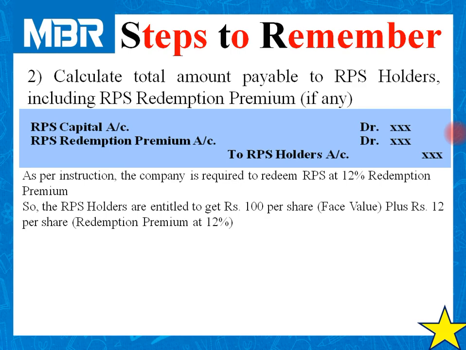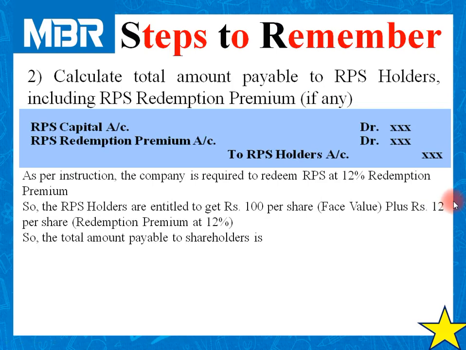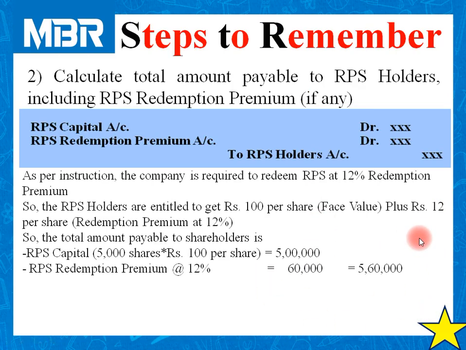Let us check: Bank account debited, 10% RPS capital account credited, 1,50,000, being 5,000 shares multiplied by 30 rupees outstanding or final call per share. I think everybody is clear with step number 1. With the first step, the rule of the Companies Act is followed to convert partly paid shares into fully paid. Let us enter into step number 2.